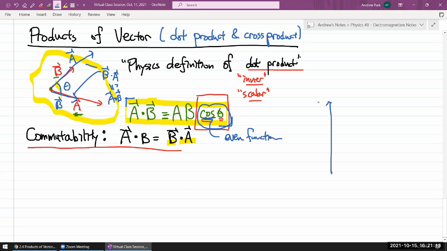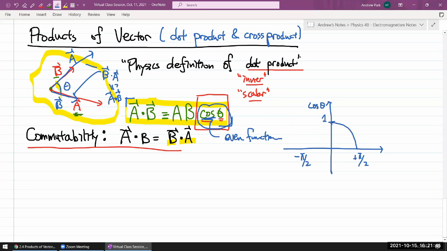If you are graphing what cosine of theta looks like from, I don't know, minus pi over 2 to plus pi over 2, then at theta equals 0, you have the maximum value of cosine theta, 1. And as you go to pi over 2, the cosine theta decreases to 0 at pi over 2.